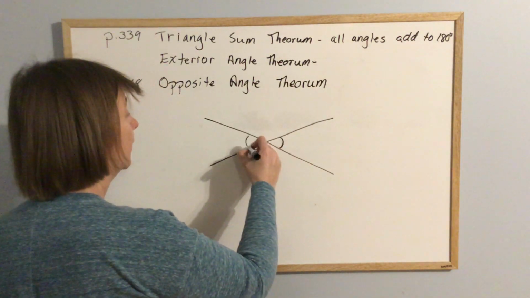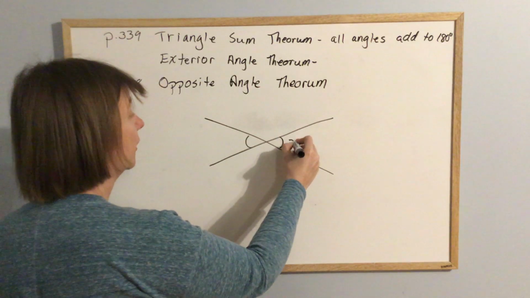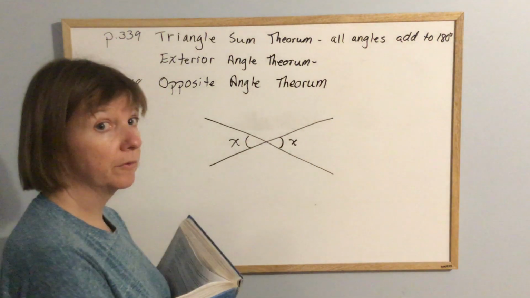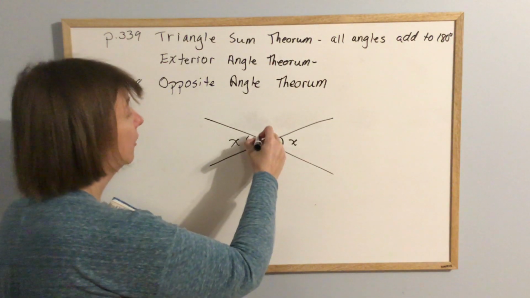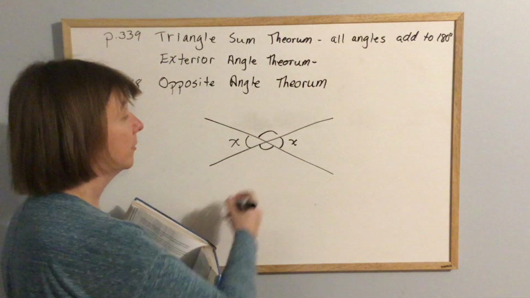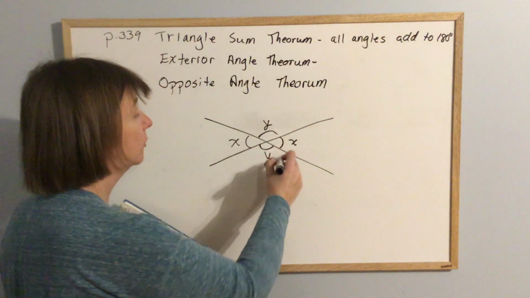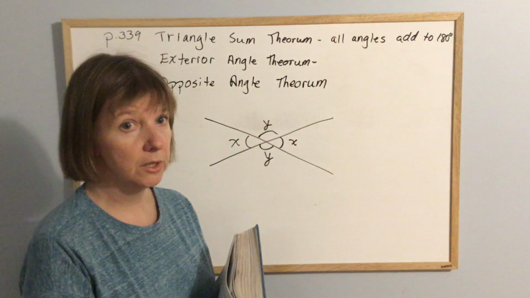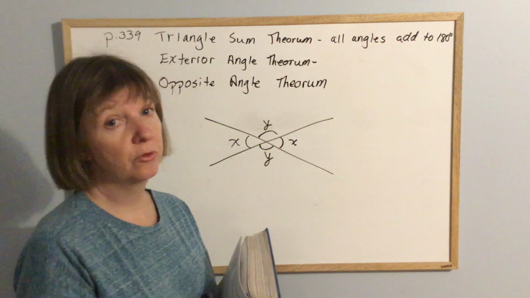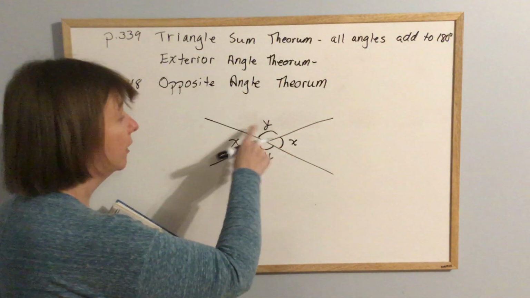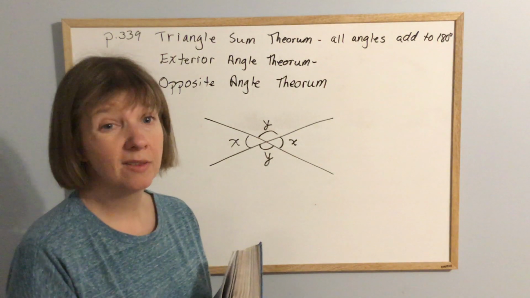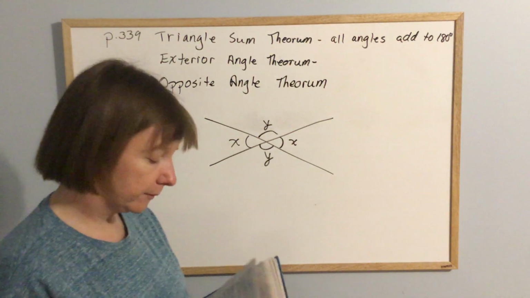So this angle and this angle are opposite to one another. Those are equal. Also, this angle and this angle are opposite to one another, so those two would also be equal. Again, if you use logical reasoning with this, all four of them would have to add up to 360 because it makes a circle.